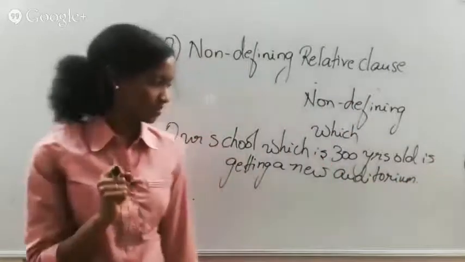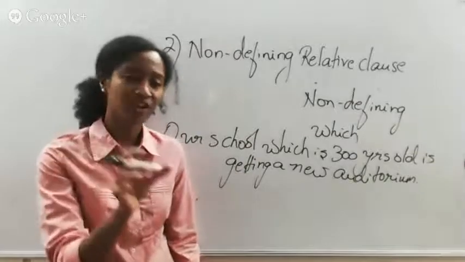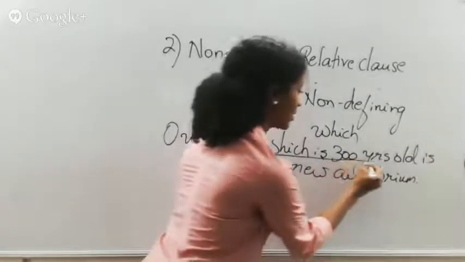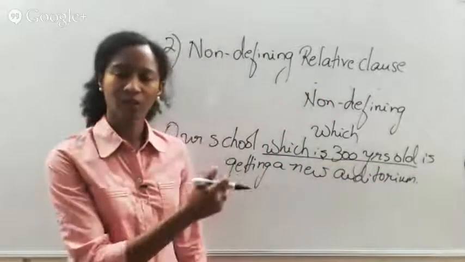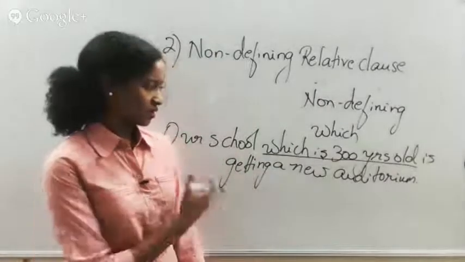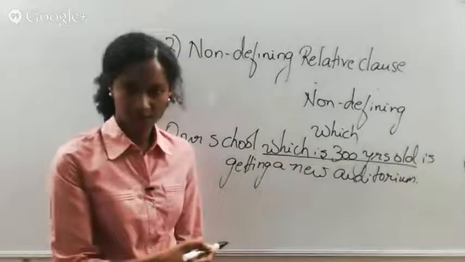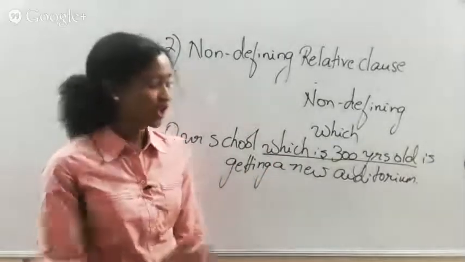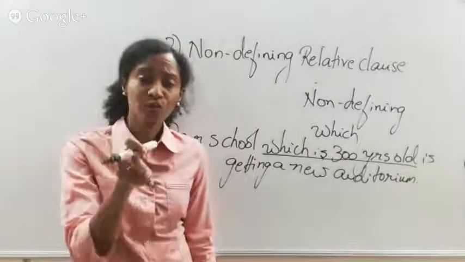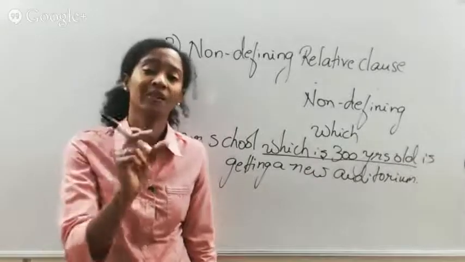Now, in this sentence, which is the non-restrictive clause, something that adds more information, which is 300 years old. So here, what I'm saying is, if I remove this clause, the meaning is still complete. The school is getting a new auditorium. Great. Nothing happens if I remove this. Yeah, it's just additional information. Okay. You need to remember this. Now, using this concept of relative pronouns, let's look at how to apply that in finding errors.